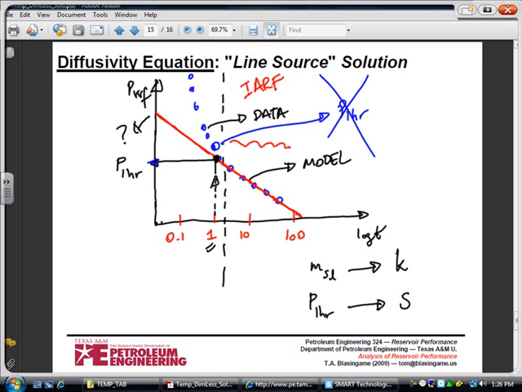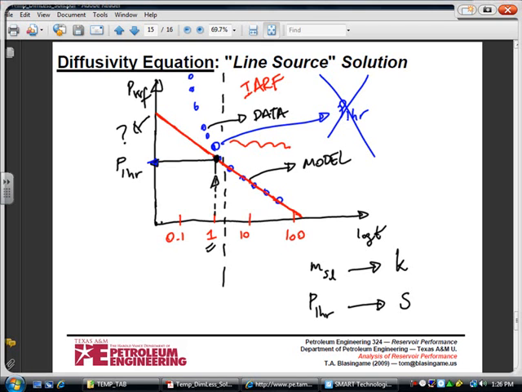Yeah, but we haven't seen it yet. Also, we can say in the infinite acting radial flow, we find the permeability and the skin factor. And when you are in the wellbore storage flow regime, you find the value of the wellbore storage coefficient.